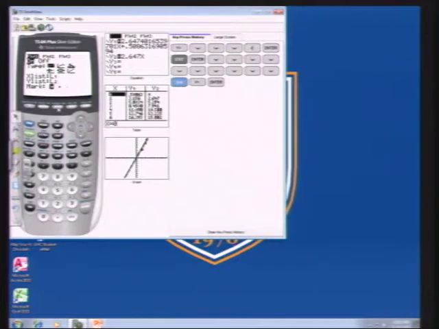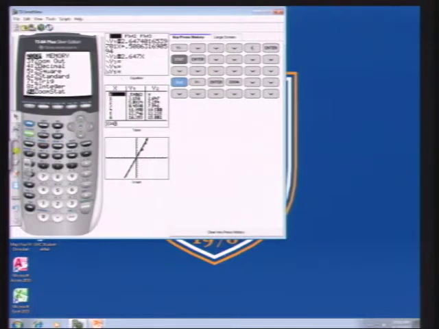Now if I go to the zoom on the top middle row, I've got a zoom stat, which is number 9. And if I choose that, it's going to set the viewing rectangle so that I can see the numbers that I've got in my list. It's going to make it compatible with those.